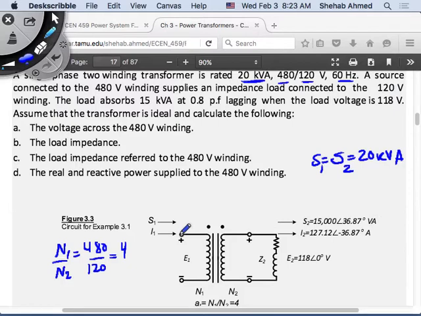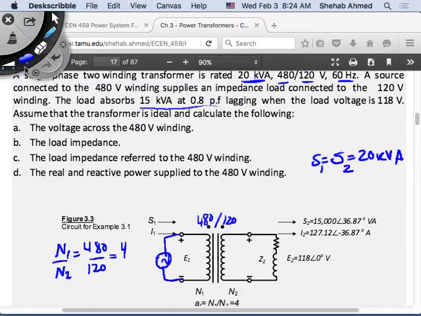So I have a voltage source connected here on the primary side, on the 480 volt side, and this is my 120 volt side. On the 120 volt side, I have an impedance Z2 connected. What do they tell us about this impedance? The load absorbs 15 kVA at 0.8 power factor lagging.